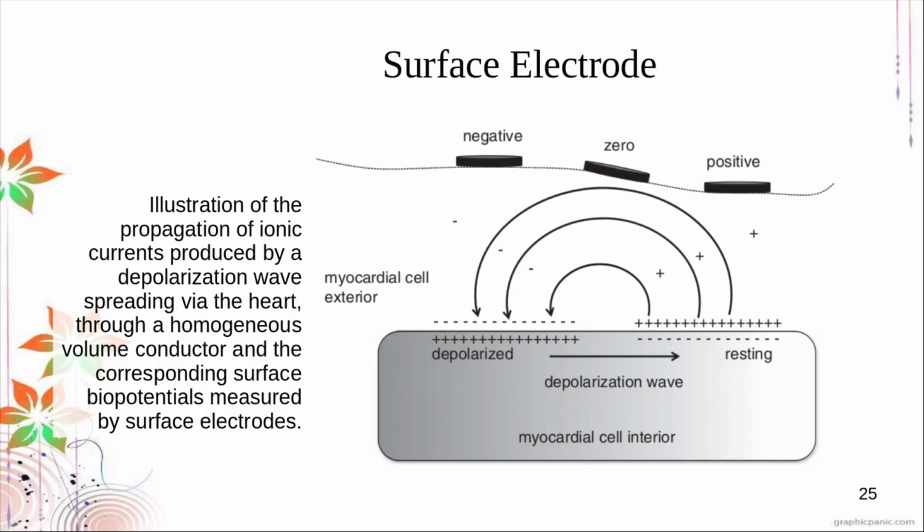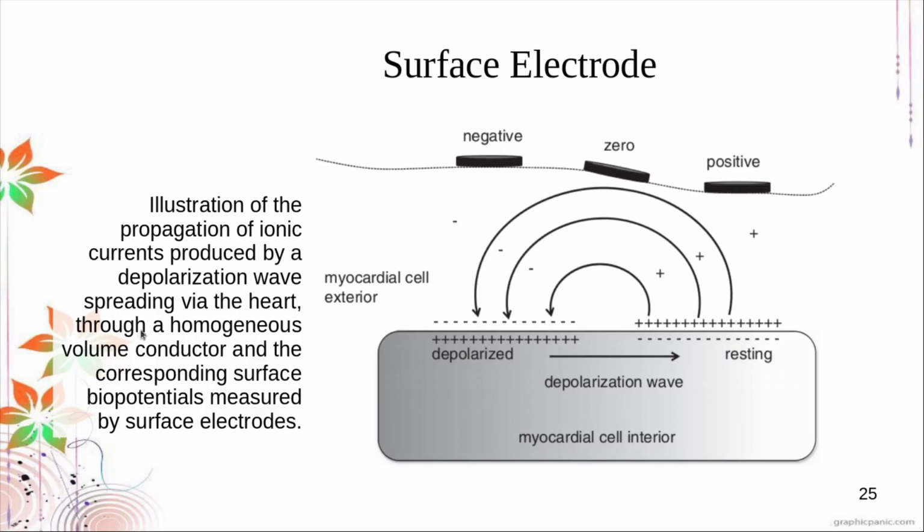So if this is a cardiac cell in the heart, at resting condition, and then when they depolarize, of course, there's a movement of electrical ions. The movement of these electrical ions must propagate through the tissue that stands between your heart and the electrode.